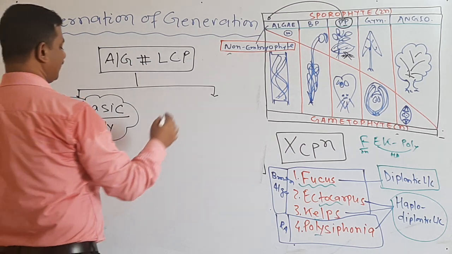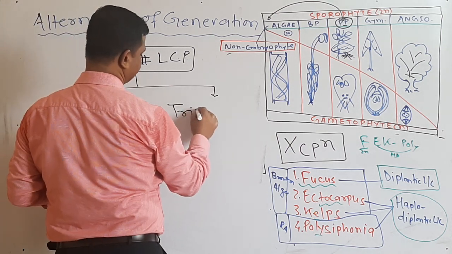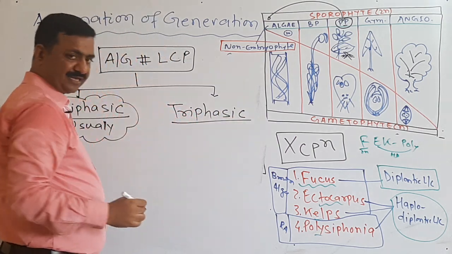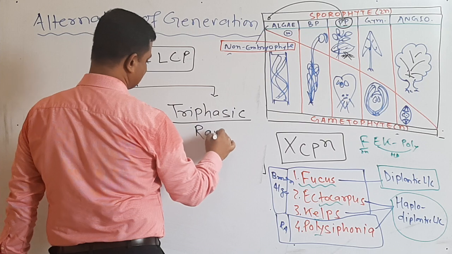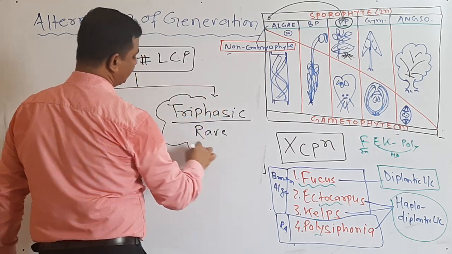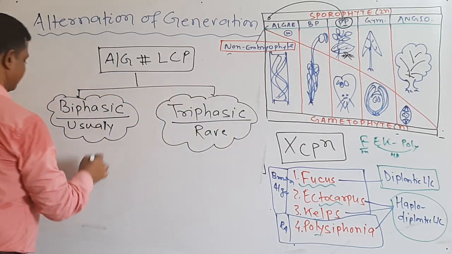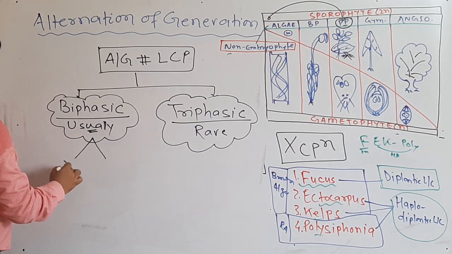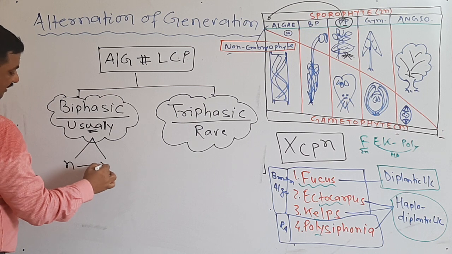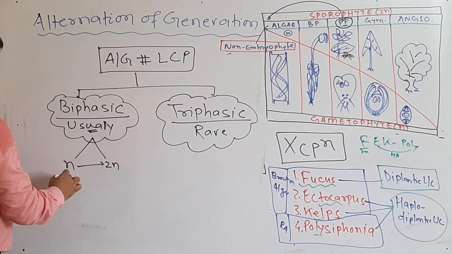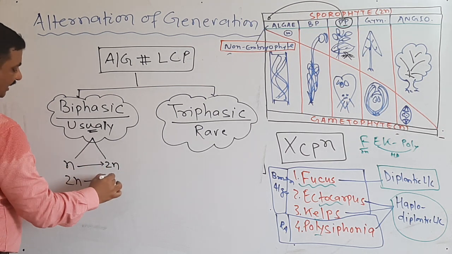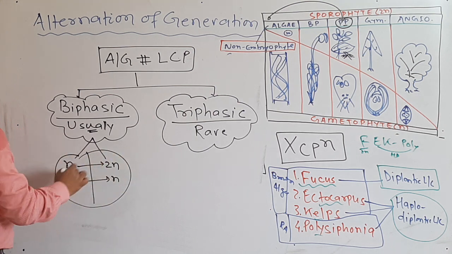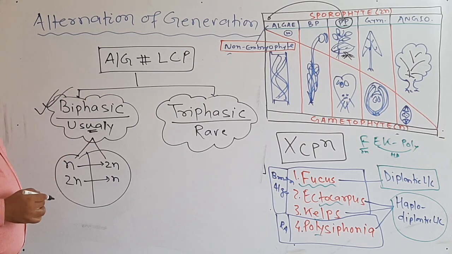But it may be triphasic. It is not very common; you can say it's rare. Biphasic is the most common. As I told you, first haploid comes, then 2n comes, or vice versa. So only two phases are being executed. That's why it is called biphasic.